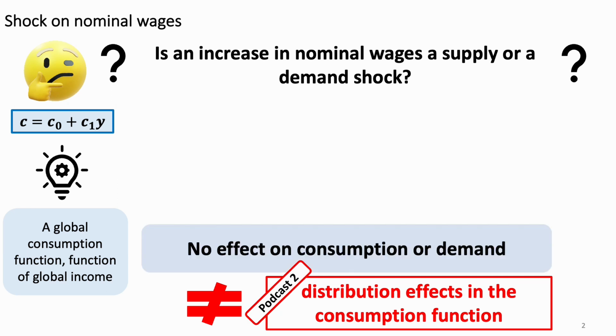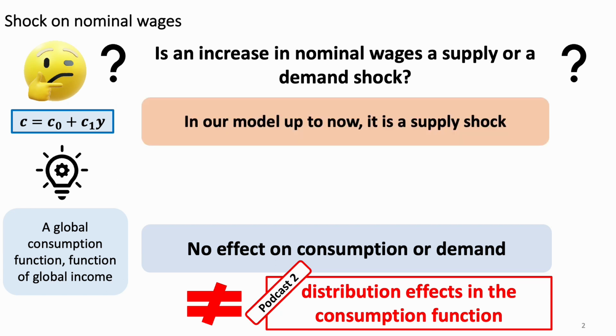In this case, an increase in nominal wages does not impact consumption, as we do not have W in the consumption function. An increase in nominal wages is only then a negative supply shock.